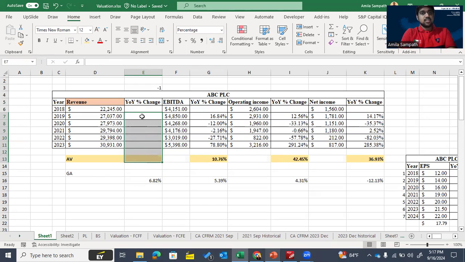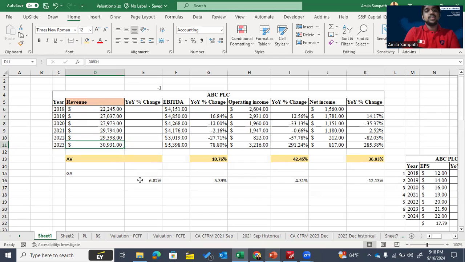Here you can see we have details from 2018 to 2023, so details for 6 years. We have the revenue figure, and first let's only focus on this revenue figure. We have the revenue figures 22, 27, 27, 29, 29, and 30.